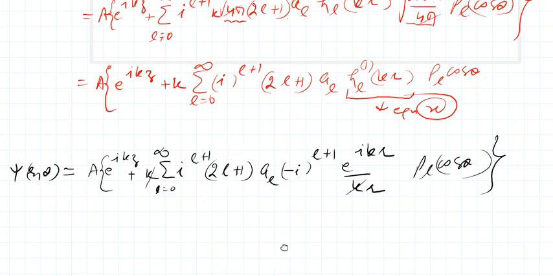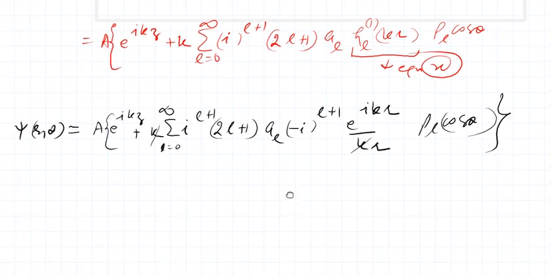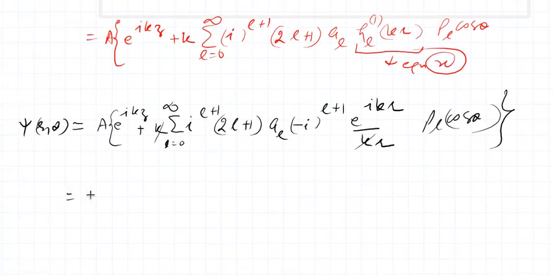Now let us rewrite this equation again. It is a e raised to power iota kz, summation L varies from 0 to infinity. It is iota raised to power L plus 1. One part is this and another is this.